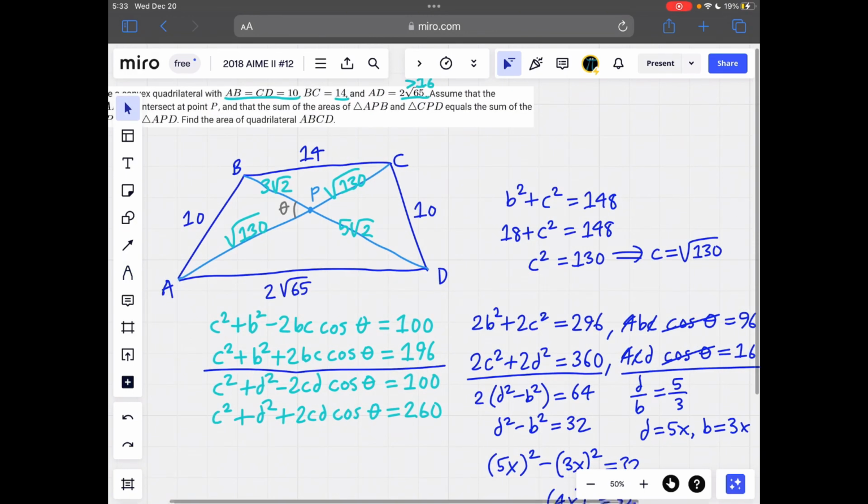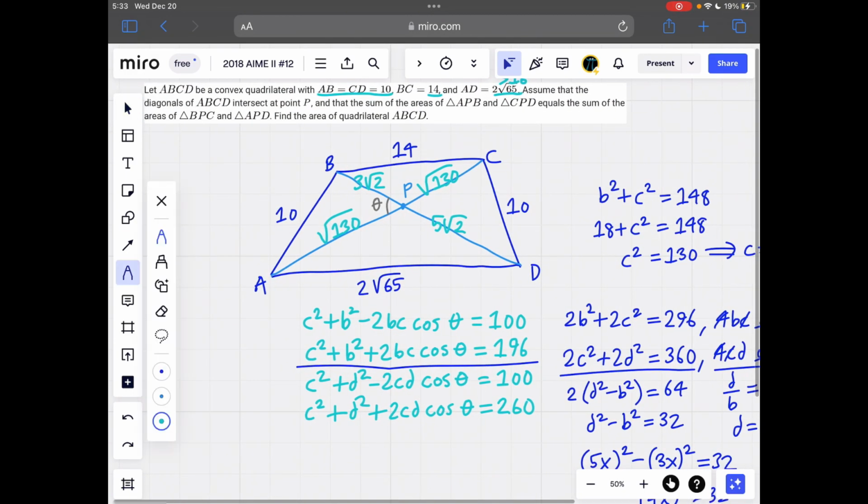Now, what's the area of quadrilateral ABCD? That's what we're asked to find. It's 1/2 a plus c times b plus d sine theta. So we need 1/2 a plus c times b plus d sine theta.